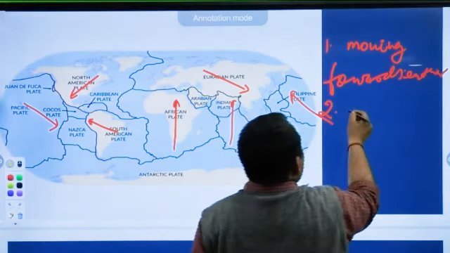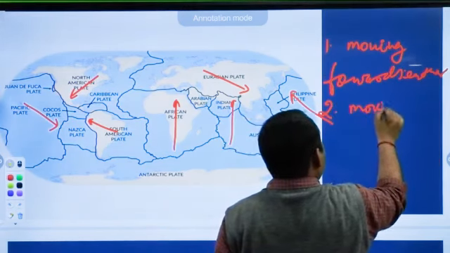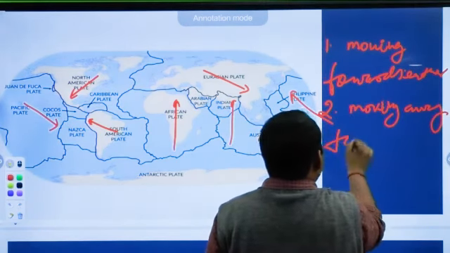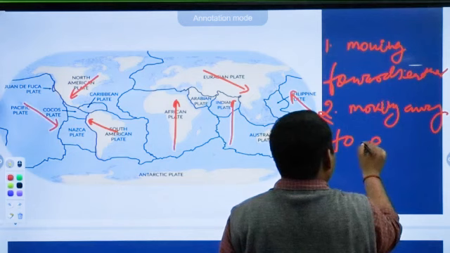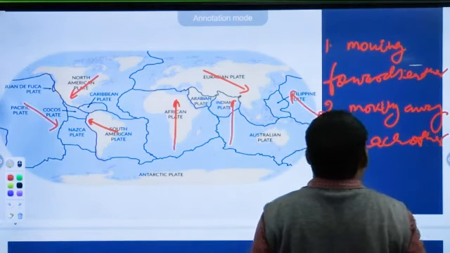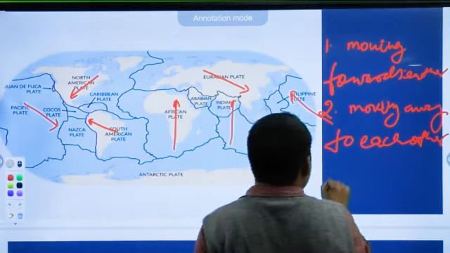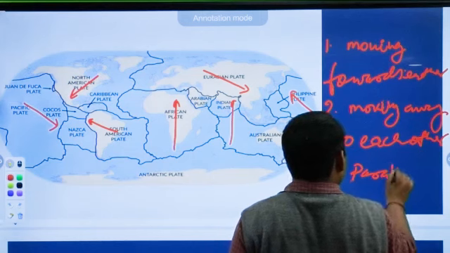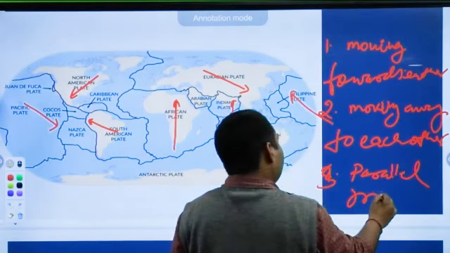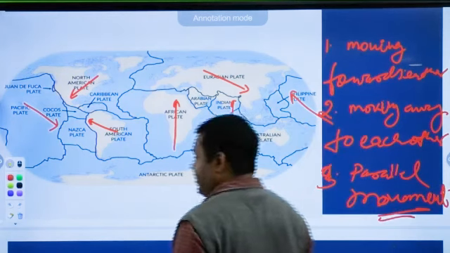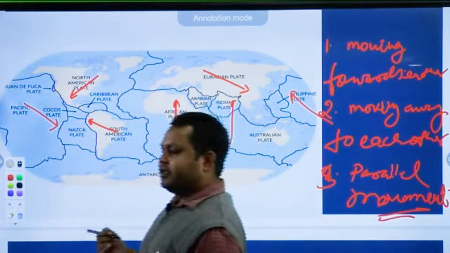Second, moving away from each other. And third, parallel movement. You can see such a pattern here.